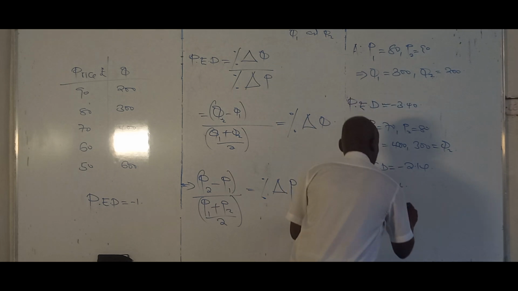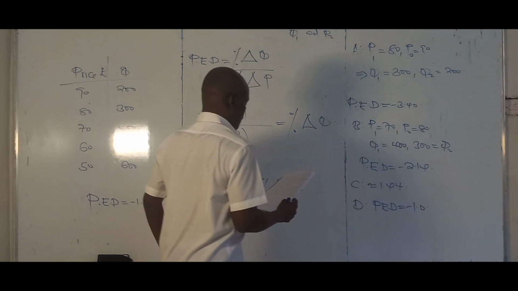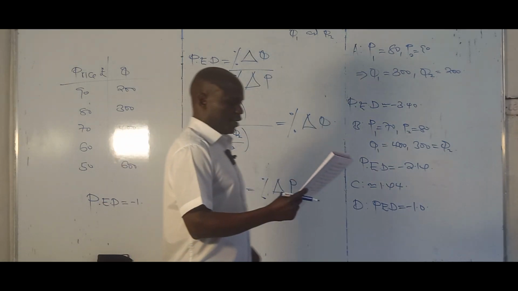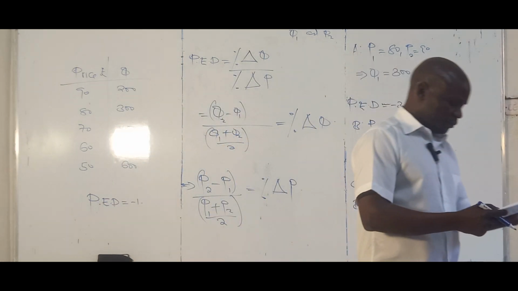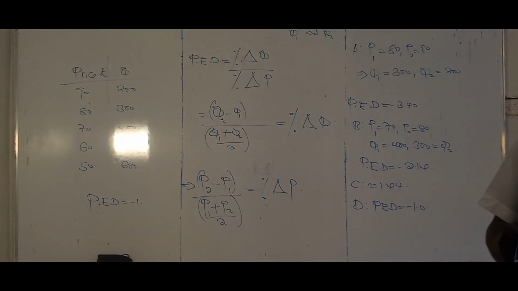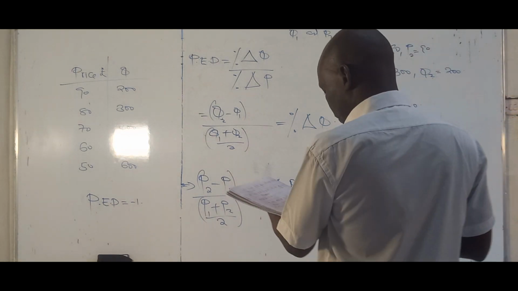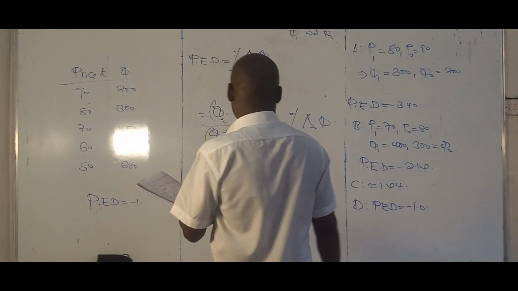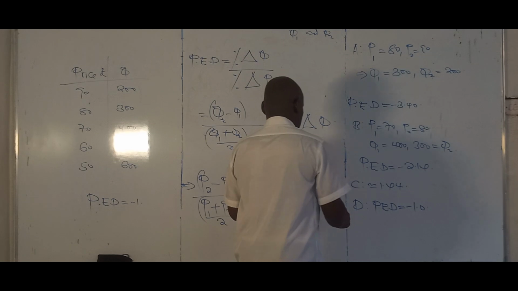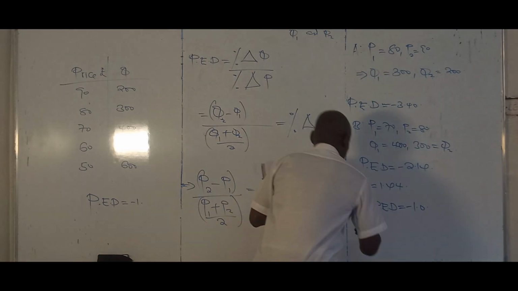It's just negative 1.0, not approximately. So hence we say the price change that corresponds to a price elasticity of demand of negative 1 is a shift from 50 pounds to 60 pounds. So the answer is D.